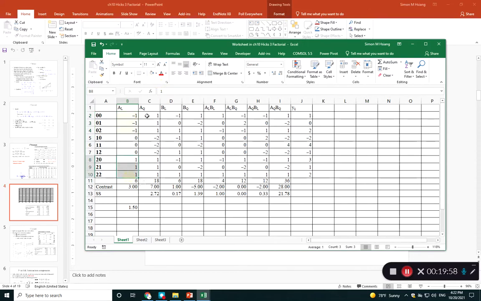Everybody sees that if I only have the B column and D column, I have what? -1, -1, and then I have the 0 in the middle.